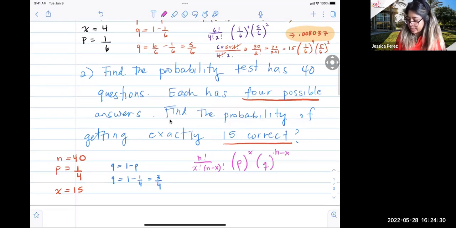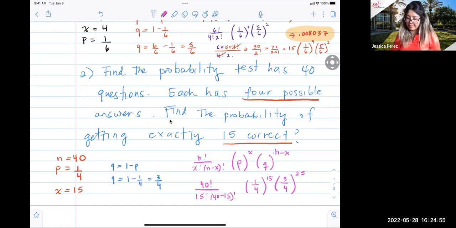So let's plug that in. We have 40 factorial over 15 factorial, 40 minus 15 factorial, p is 1/4 raised to the 15th power. And then of course, this is 3/4 raised to the 25, because that's 40 minus 15, you get 25.